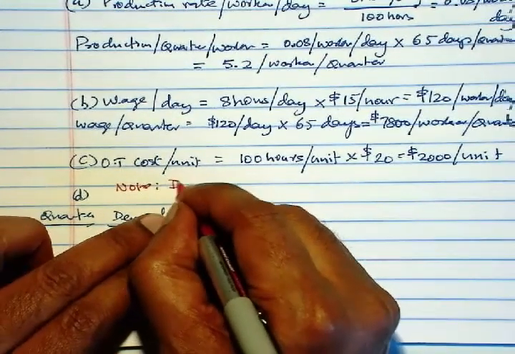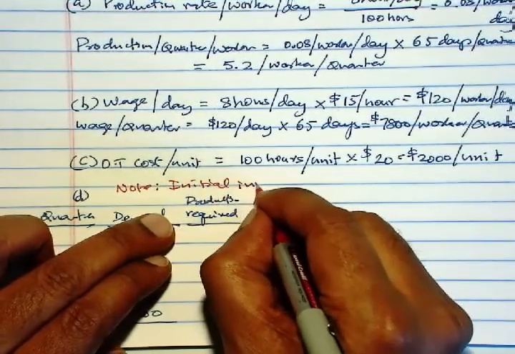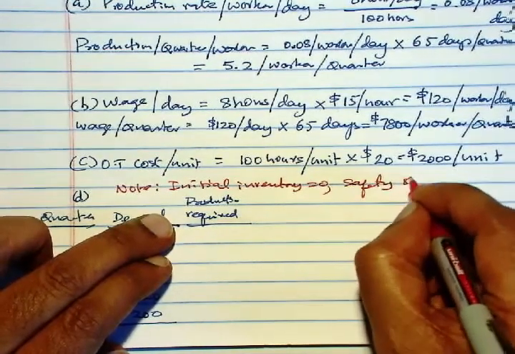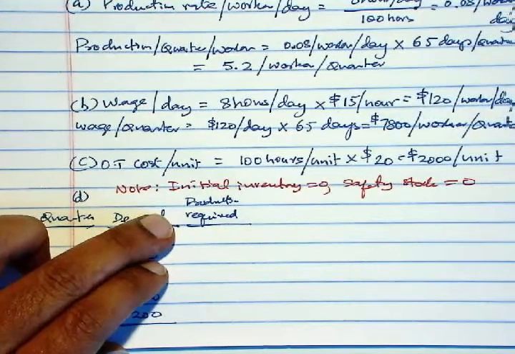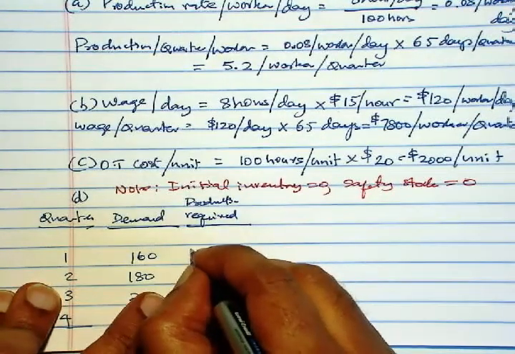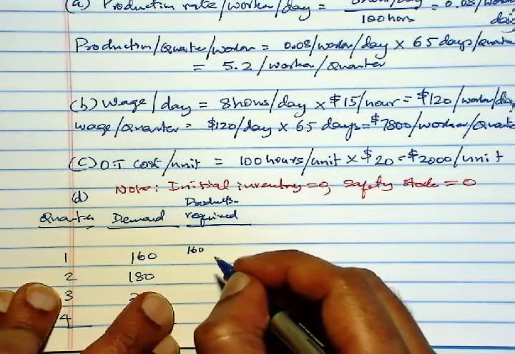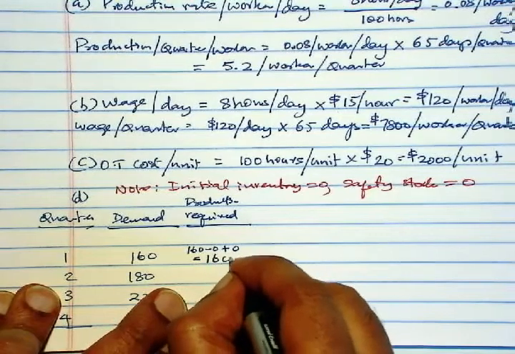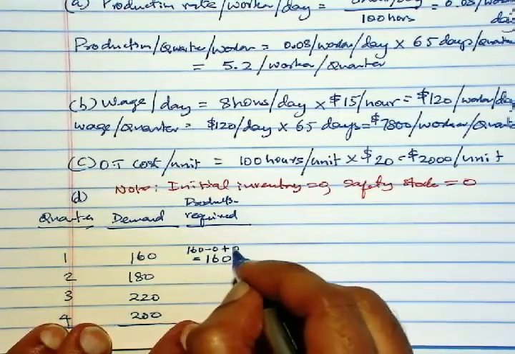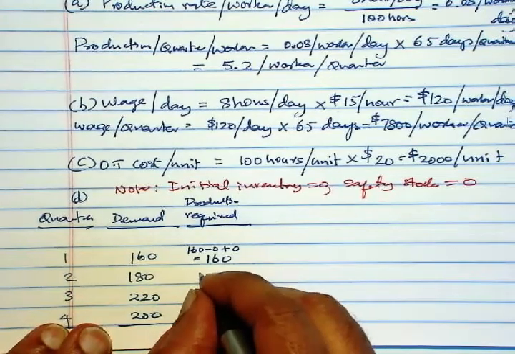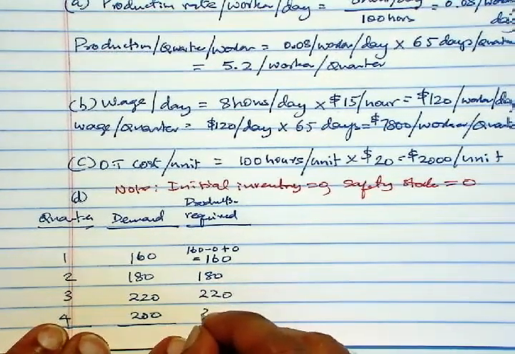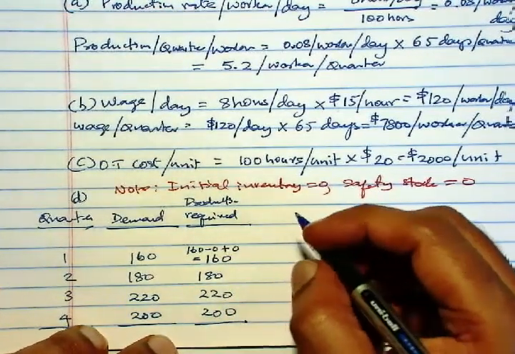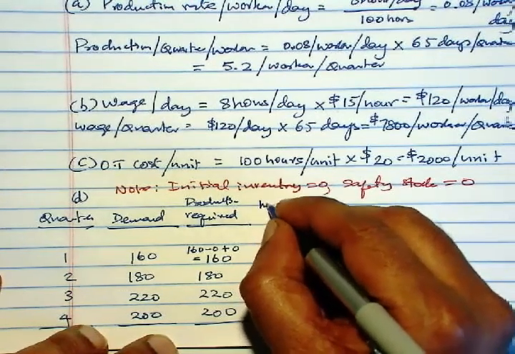So for the first quarter it is 160, minus the initial inventory plus safety stock, so it's 160 itself. I'm just showing this so in case these are non-zeros you should know how to adjust it. And the rest of them are exactly the same as the demand, because that's what chase plan is.